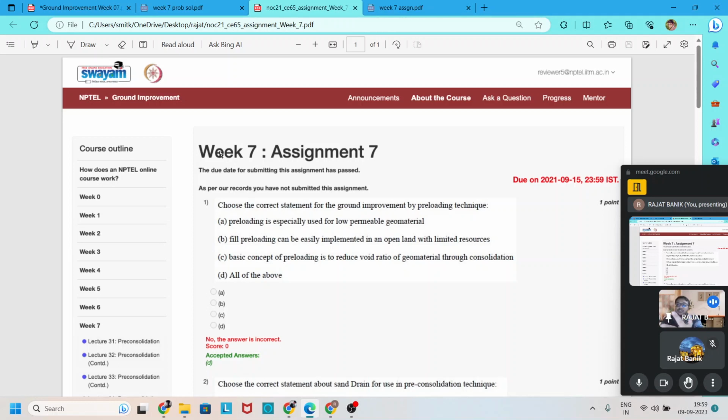First, we discussed what is pre-consideration and what is used for it, which is nothing but the preloads we use for pre-consideration, and why it is used. We need to stabilize the ground, settle the ground, and increase the strength of the ground by the consideration.